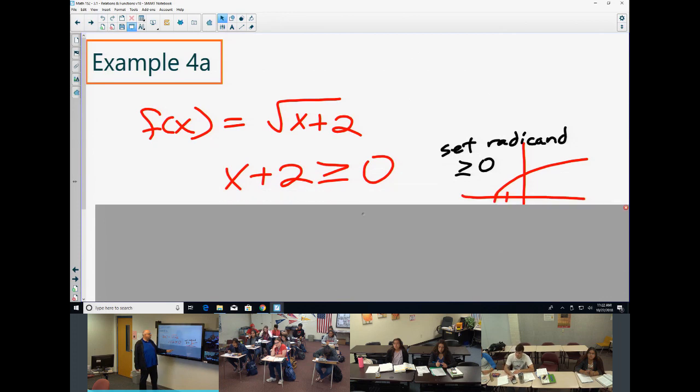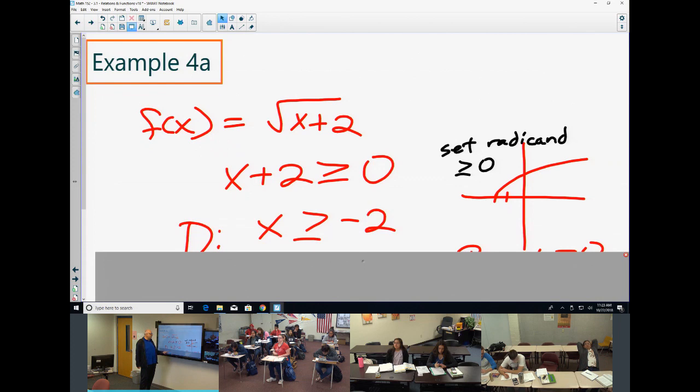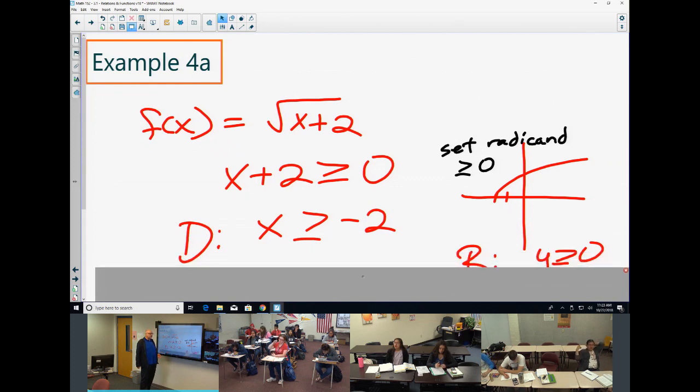So what I do is I set the radicand greater than or equal to 0. It can be 0, you can have the square root of 0. But whatever's underneath the radical, you just set that greater than or equal to 0 and then solve that inequality. And so the answer is x is greater than or equal to negative 2. That's the domain.